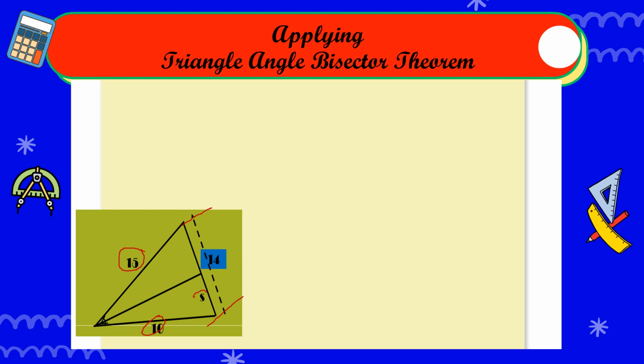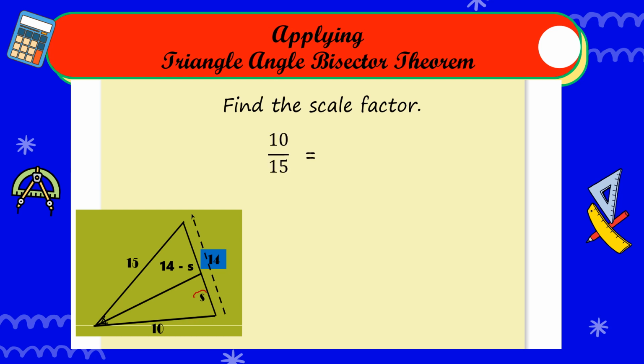So this segment here will be 14 minus s. Okay, so start with our scale factor with 10 over 15, and 10 over 15 is reducible to 2 over 3.